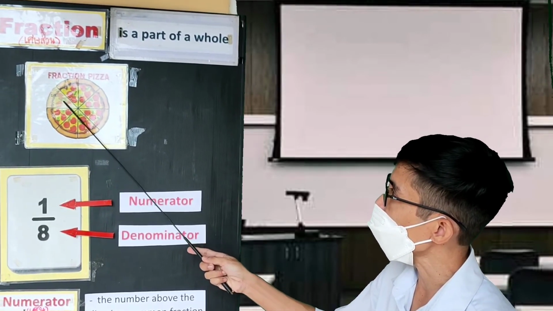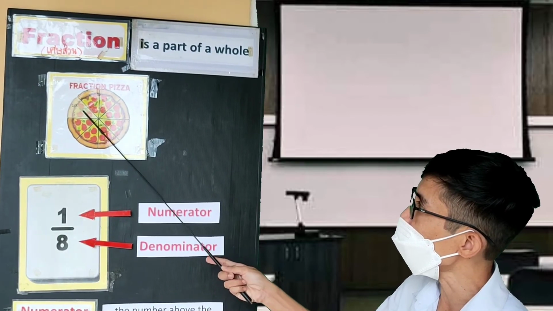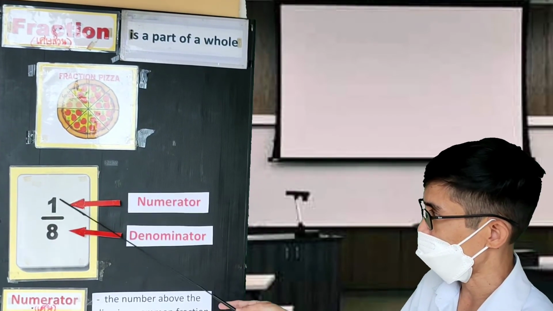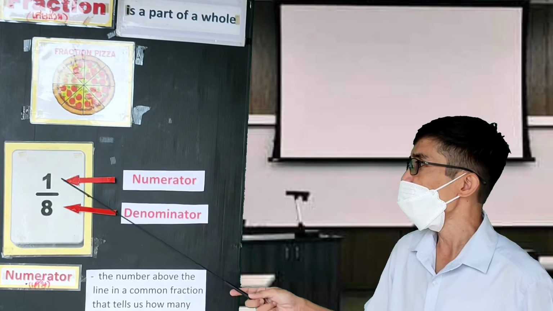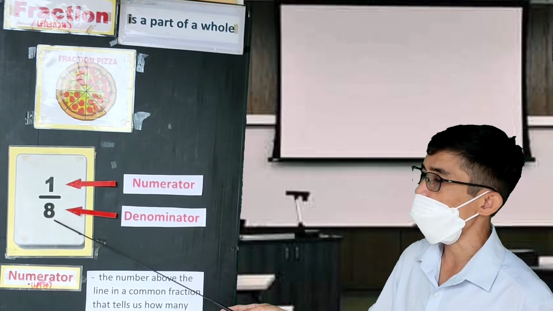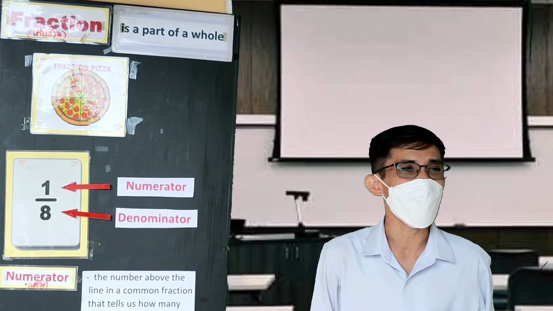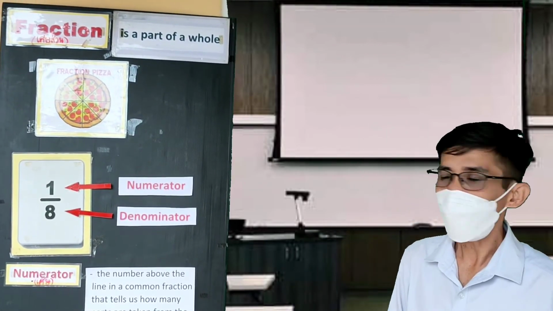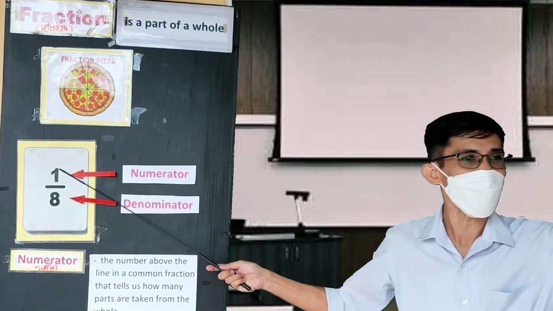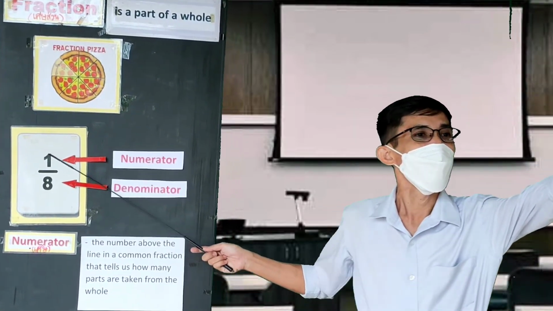And if we take this part, in order to write this as a number, we use this. So we have 2 numbers, 1 above the line and 1 below the line. Students, this is an example of a fraction. Let us read this fraction again. Who can read? Anyone?